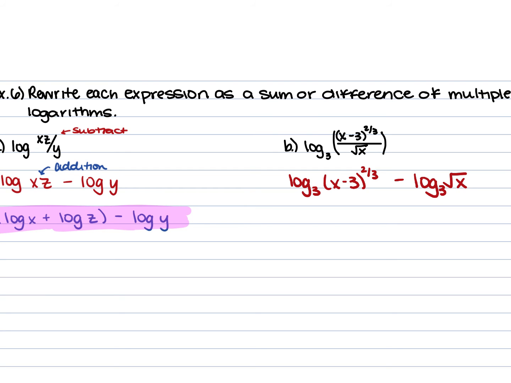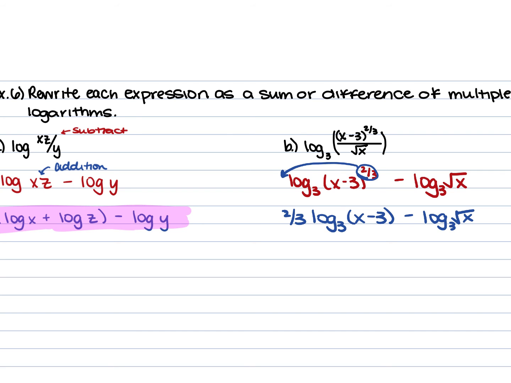From here, if I work with the left side, that 2/3 cannot be in the power, so we have to bring it out front. So we're going to have 2/3 times log 3 of x minus 3 minus log 3 of the square root of x.